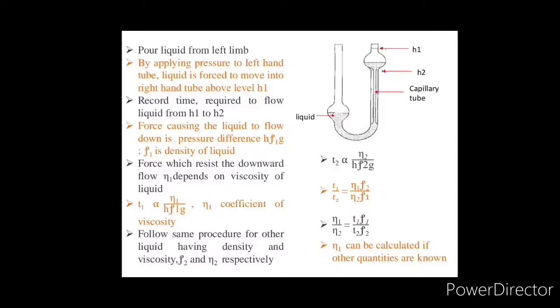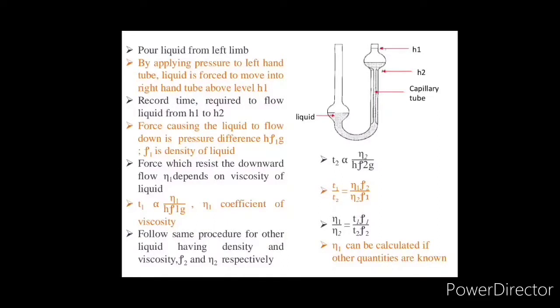So if we have to calculate rho 1, then we should know the other quantities. t2 is directly proportional to eta 2 upon h rho 2 g.